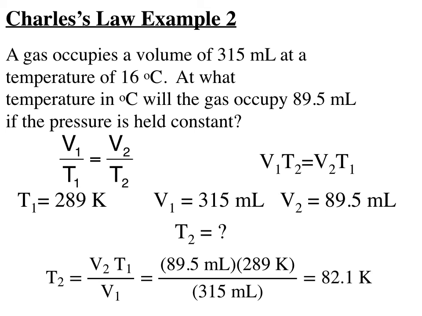Remember, the formula must use Kelvin temperature. I have my initial volume that corresponds to the initial temperature of 16 degrees. I have my final volume V2, and I rearrange and solve the equation for T2, put my numbers in, and get that the final temperature after the volume has changed is down to 82.1 Kelvin.